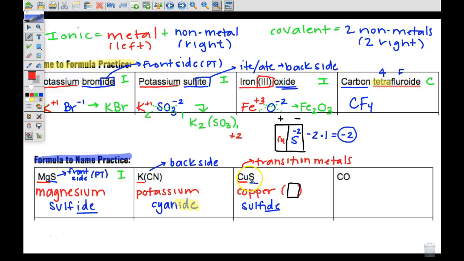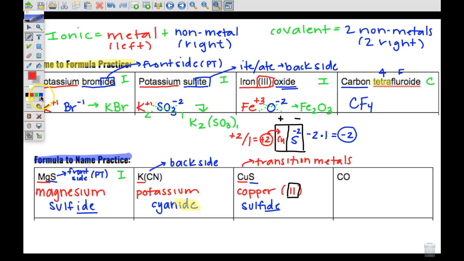But because there's no subscript here, I know I only have one atom. So +2 divided by the one atom means that this atom has a +2 charge. So because the charge is +2, I translate that into the Roman numeral for 2, which is just 2 lines.